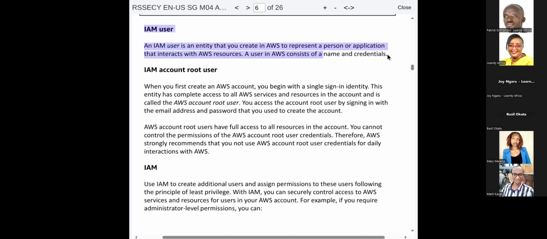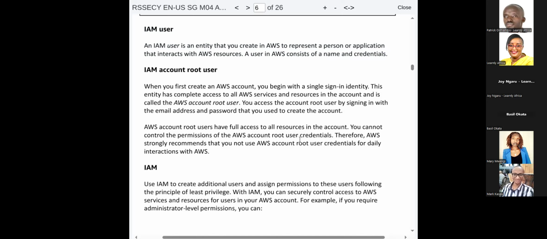For the root user, you actually sign in with your email, the way you do when you're going to sign in to your Gmail or your Google Workspace account. You use your email and password, right? If you're an IAM user, you're given a name and credentials. And we say that an account root user has full access to all the resources in the account, and no one can control his or her permissions. He is the one who can control the permissions of others.